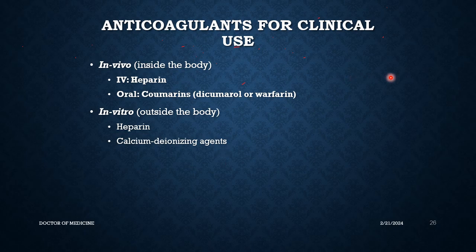Factor 4 is required in many of the steps within the coagulation cascade, especially the step in which factor 9 converts factor 10 into activated factor 10. We require the presence of calcium there. So if we neutralize calcium or precipitate the calcium within your blood plasma, it won't function as a coagulating substance.